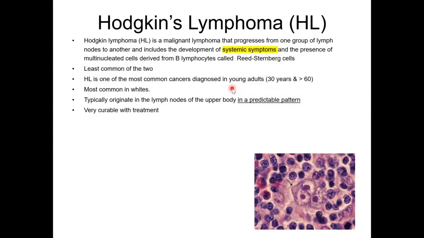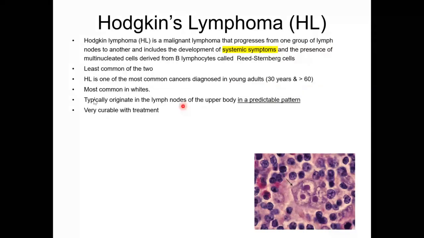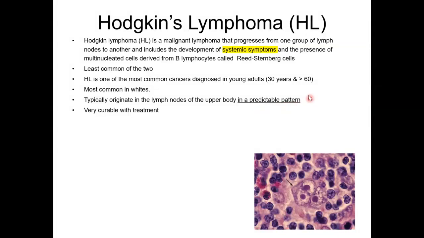Originate in a predictable pattern, and I'm going to kind of compare the two, but this becomes important. Starts generally in the head and neck, and then it's going to progress down there.